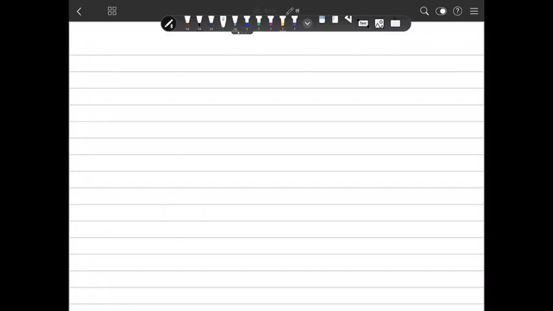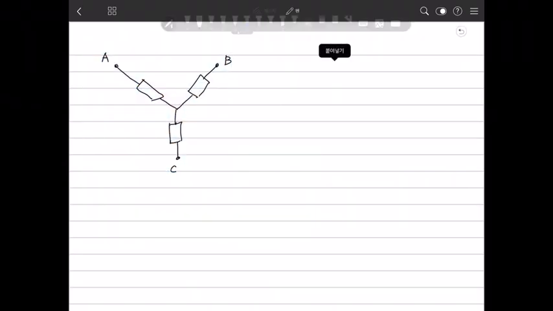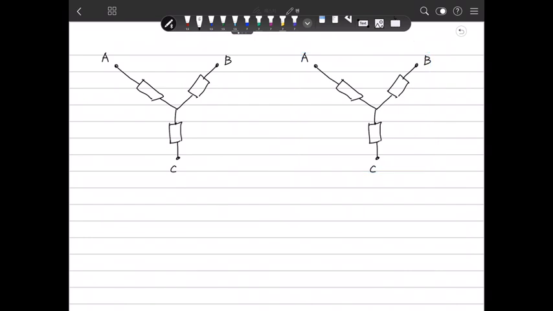At first, I will introduce the case of the impedance. You find the Y connection at first. Here, here, here, and we define this as terminal A, this is B, and this is C. This is the same, right?